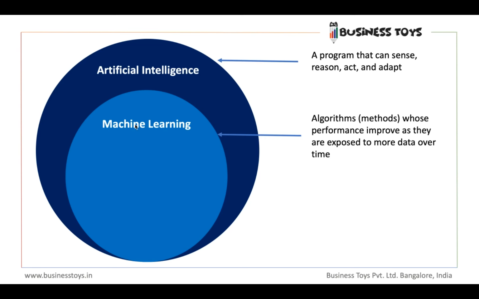We call them algorithms. These are methods whose performance improves as they are exposed more and more to data over a period of time. So these machines learn from the data. The more data you expose your machine to, the smarter this machine will become, right?